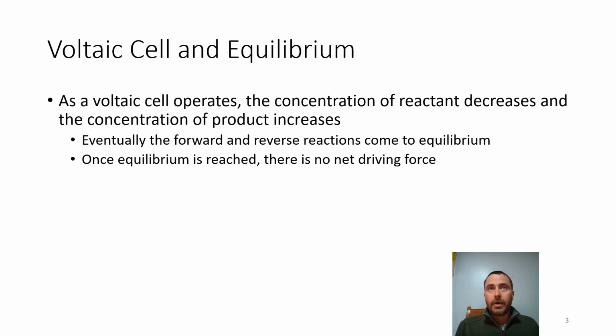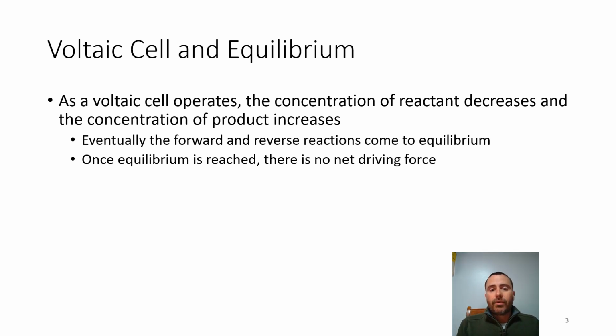As the amount of reactants decreases and the amount of products increases, our reaction is going to start to slow down, and eventually we're going to reach equilibrium, where we have the same rate of reaction going in the forward direction as the reverse direction.